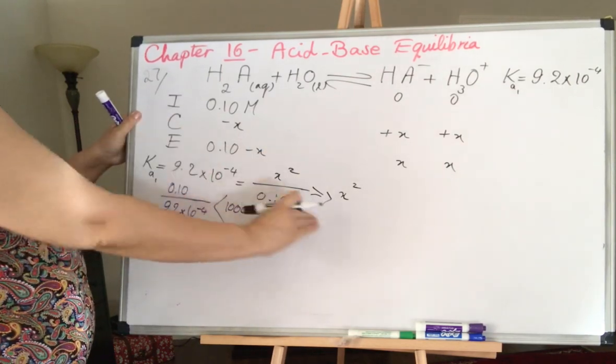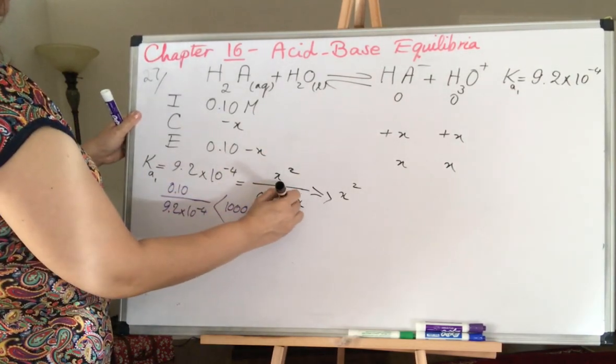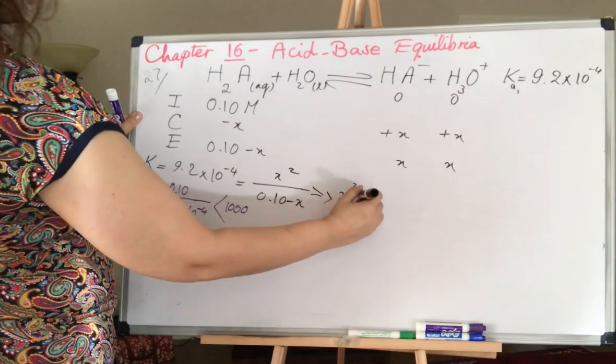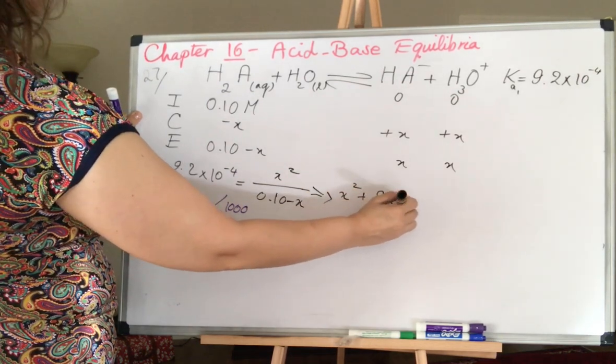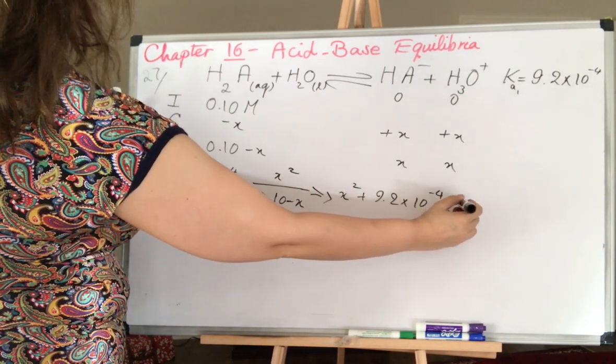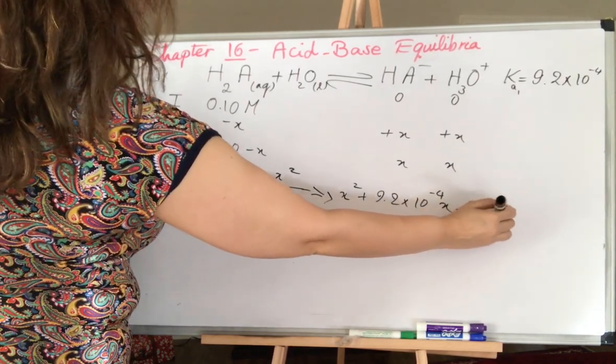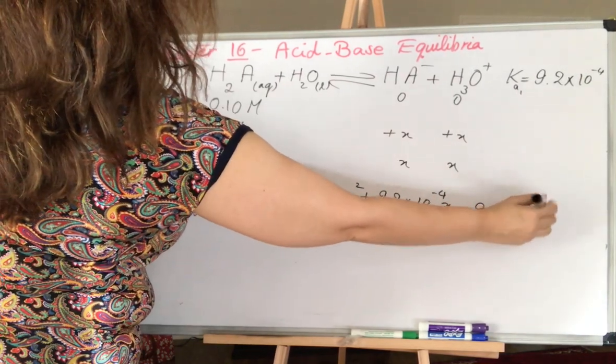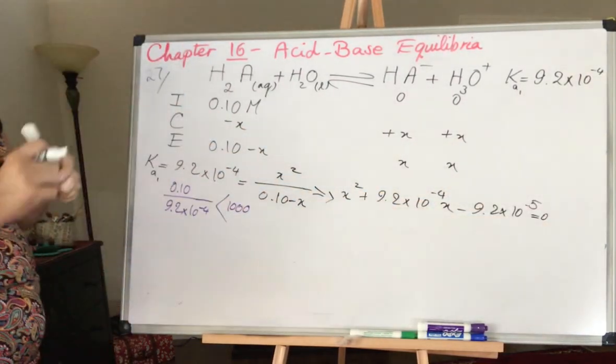X squared, and then now this side is going to be plus 9.2 times 10 to negative 4 x and minus 9.2 times 10 to negative 5. Okay?